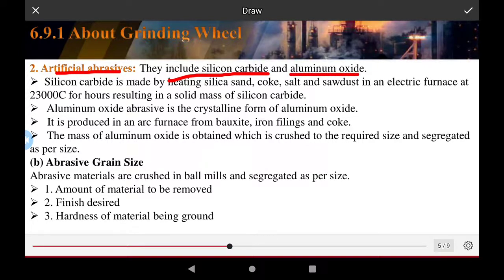Silicon carbide is made by heating silica sand, coke, salt, and sawdust in an electric furnace at 23,000 degrees Fahrenheit, resulting in a solid mass of silicon carbide. Aluminum oxide abrasive is crystalline aluminum oxide.